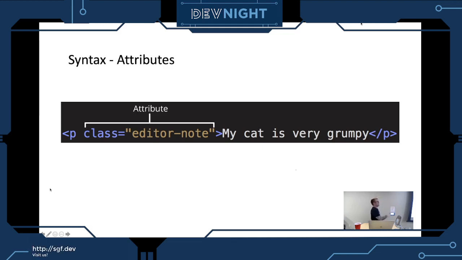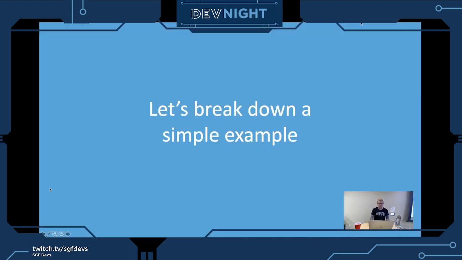So if I wanted my cat is very grumpy to be highlighted in red and bold and flashing and whatever, with CSS we use a specific syntax to latch on to that editor note class, and that's how we style that. So this is the play between these two things.